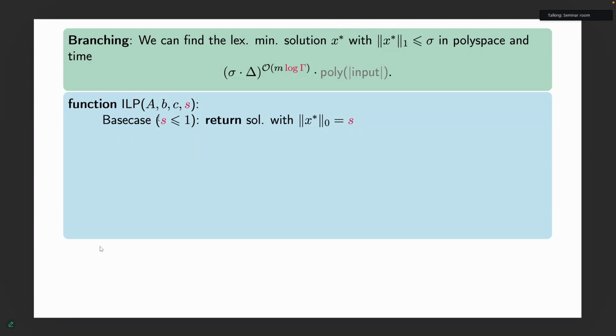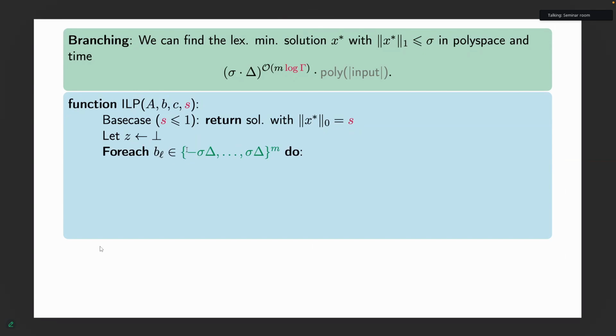In the base case, when the support is constant, I can enumerate it, it's just n to the S, which is polynomial time. I can find the solution in polynomial time. Then I iterate over every possible left side of the right-hand side, this BL.